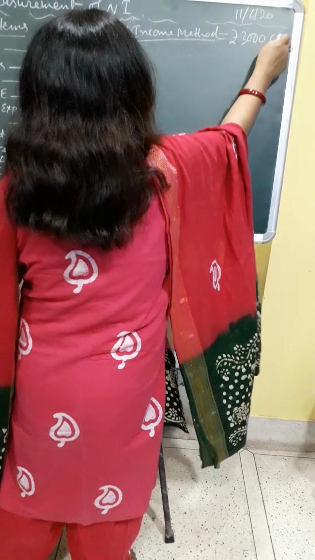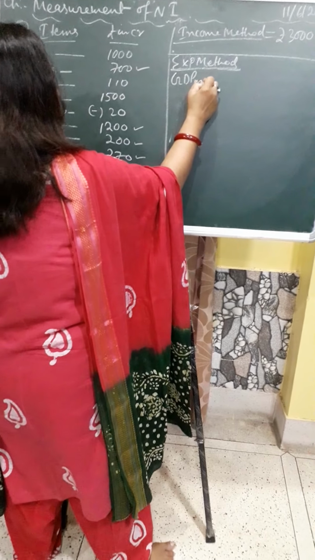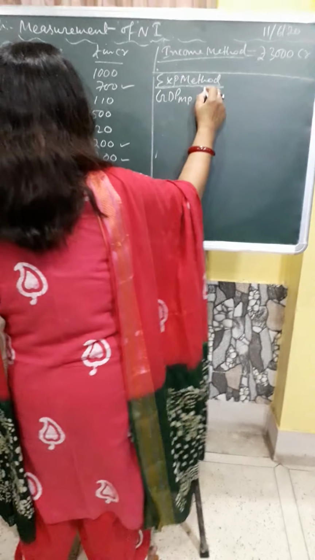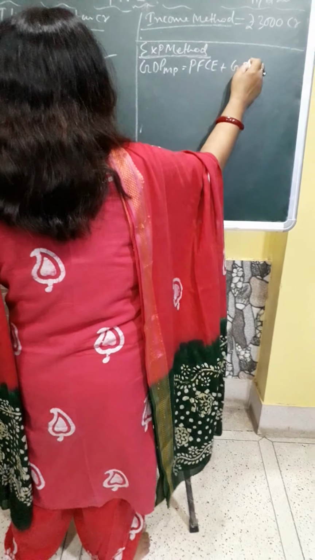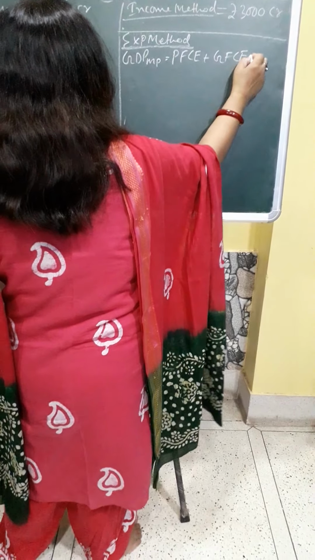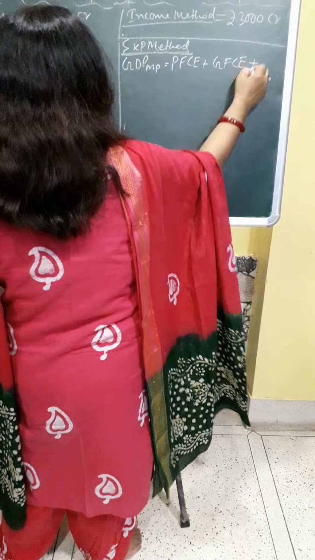Expenditure method: GDP MP equals PFCE plus GFCE plus GDCF plus net export.